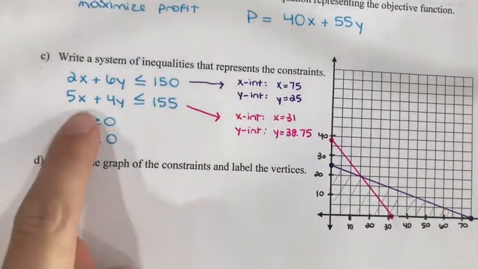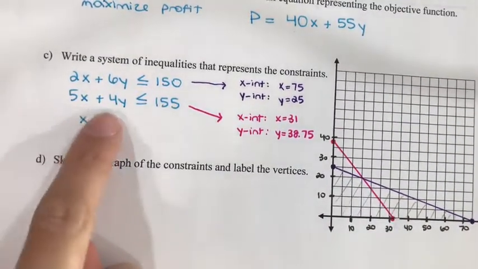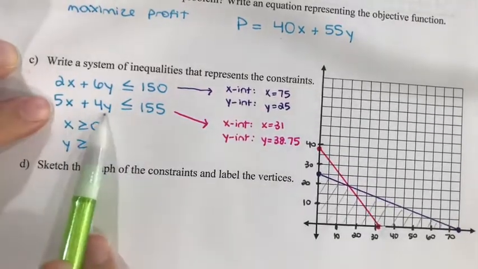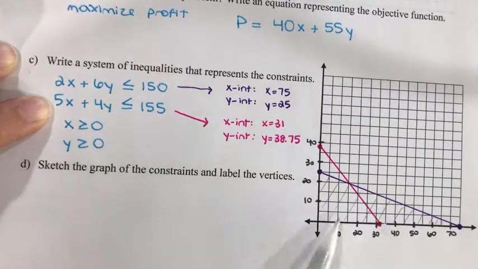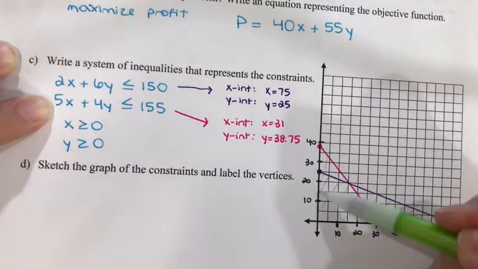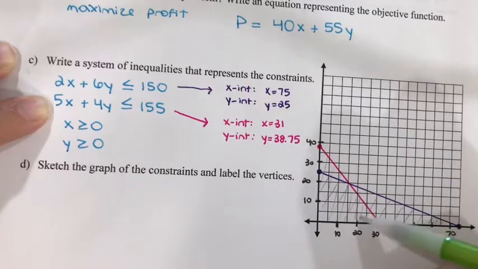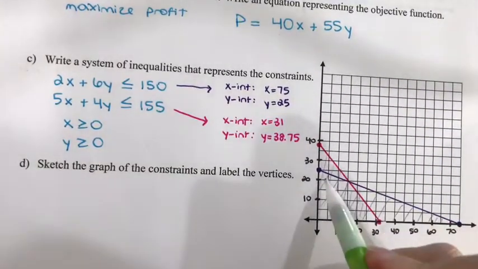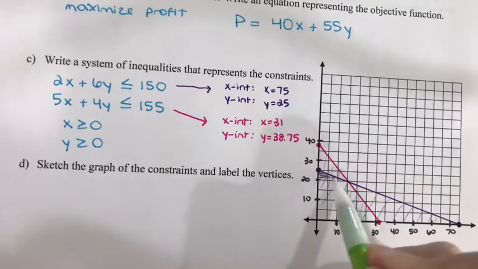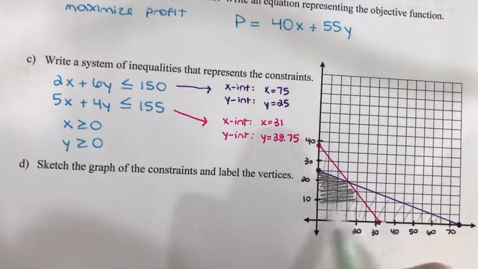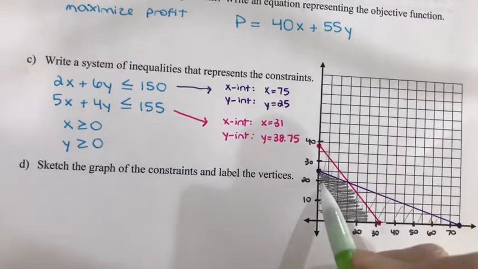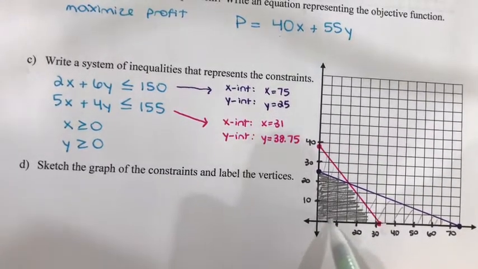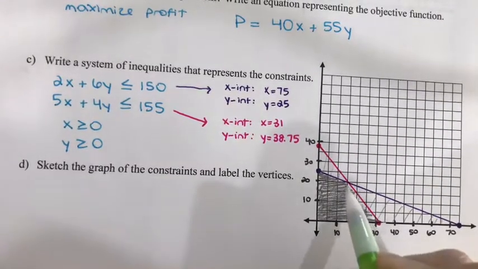Again, testing 0, 0 in this inequality, 0 is less than 155. So again, I'm going to shade towards 0, 0. You'll notice that the overlapping region is this section right over here. I'm going to shade that in a little bit darker so we can see exactly that feasible region.